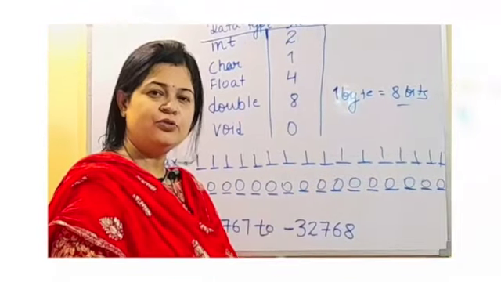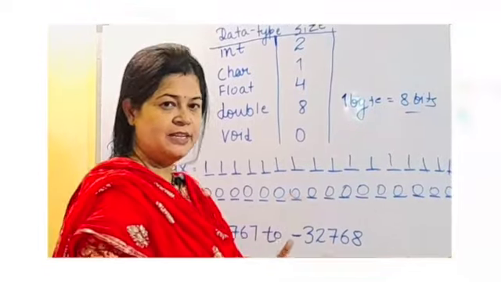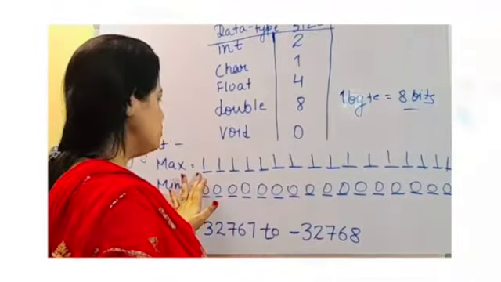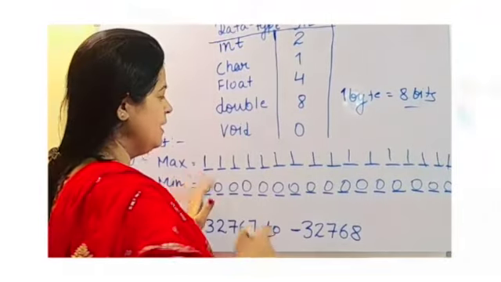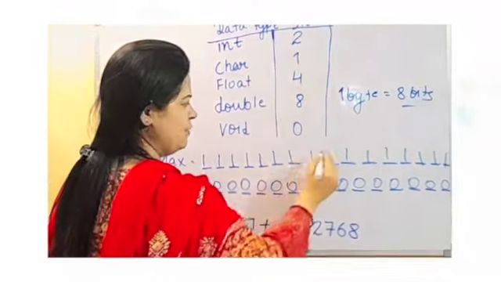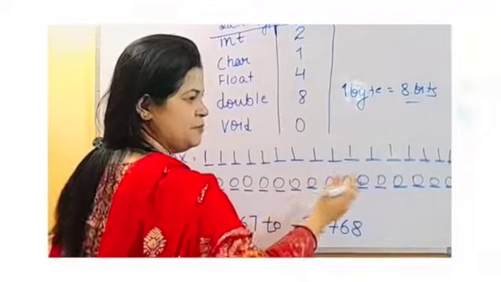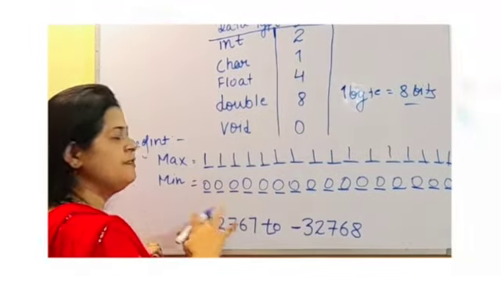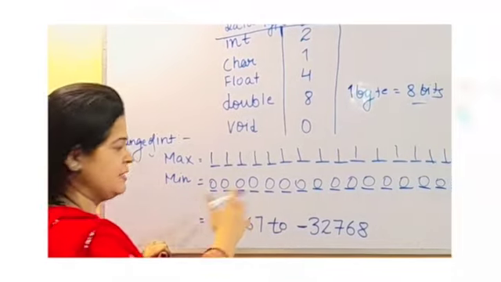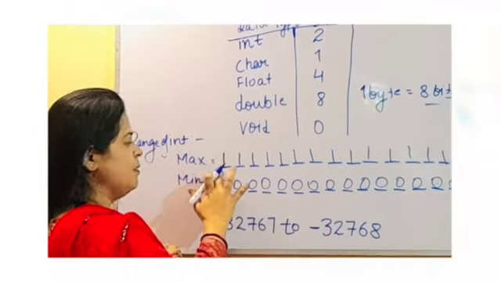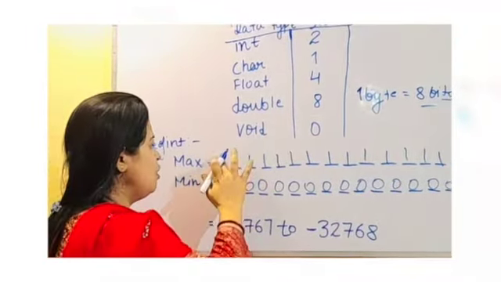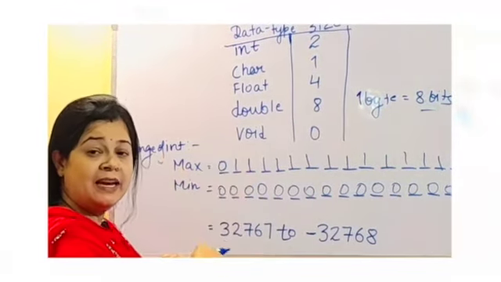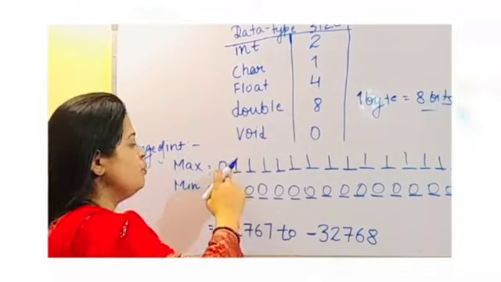Now, according to the rule in basic electronics, if the leftmost bit is 1, then the number is negative, and if the leftmost bit is 0, then the number is positive. So for maximum, we will make the leftmost bit 0 to make it positive.